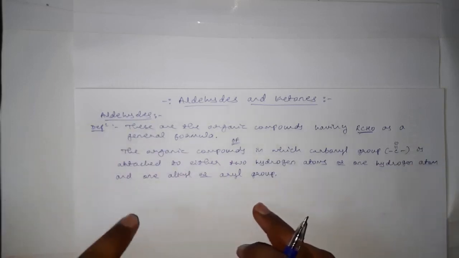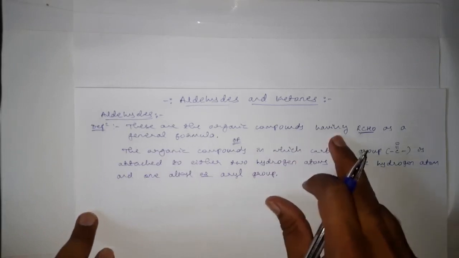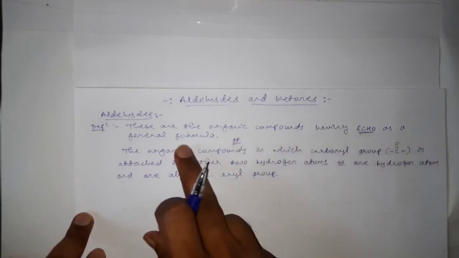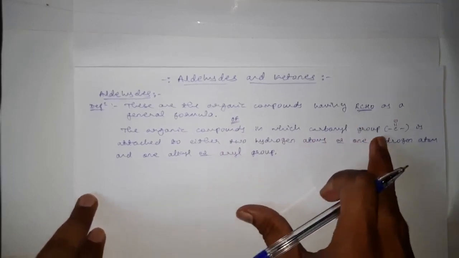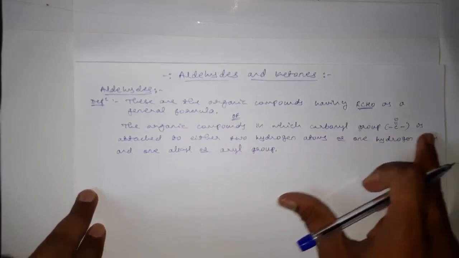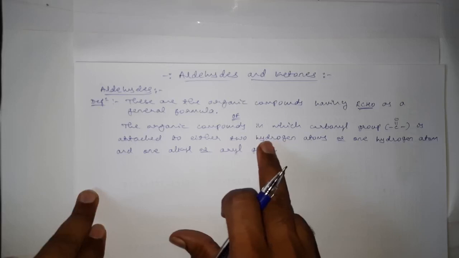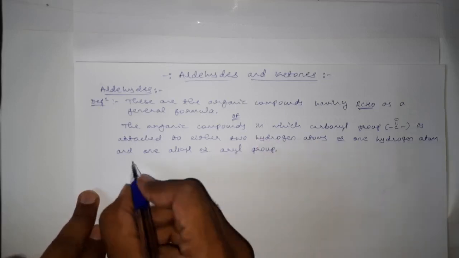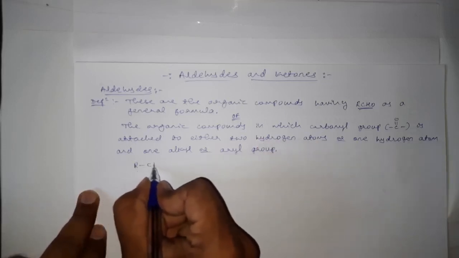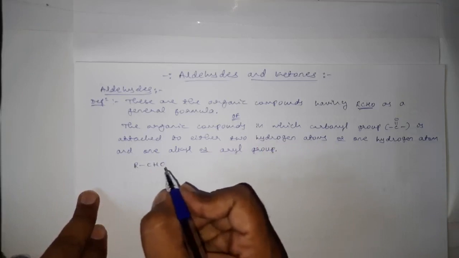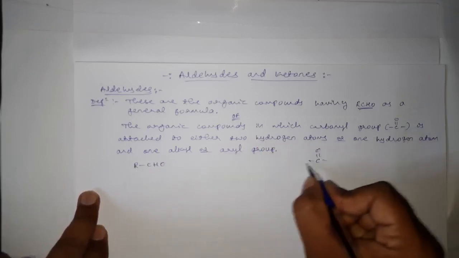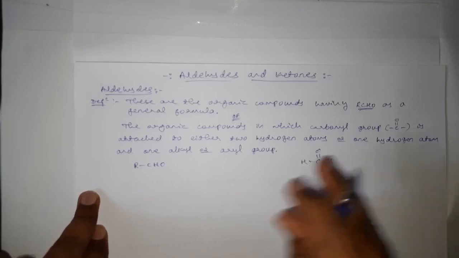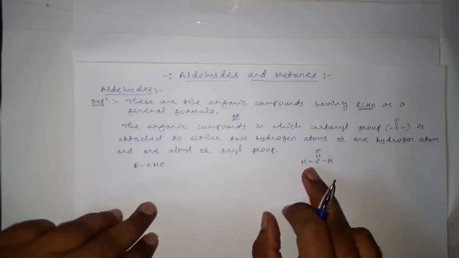Aldehyde. Aldehydes are the organic compounds which may contain RCHO as a general formula, or these are the organic compounds in which the carbonyl group, that is C double bond O group, is attached to either two hydrogen atoms. We can write the general formula as RCHO. Okay, and if the carbonyl group is attached to two hydrogen atoms, then that organic compound is called what?